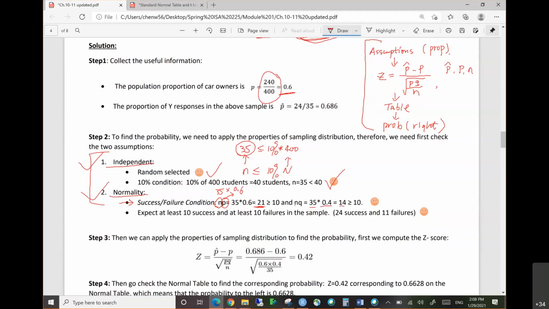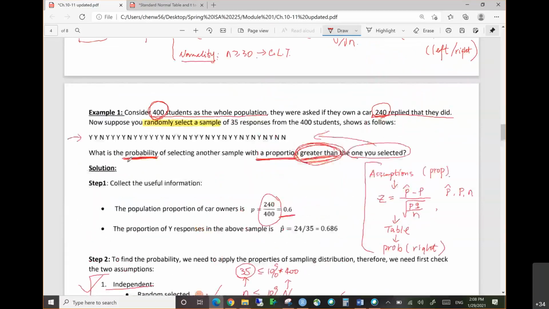Or if you prefer this way, it is also okay. We want to check at least 10 successes and at least 10 failures in the sample. How can we check that? We have all 35 responses as my sample, right?